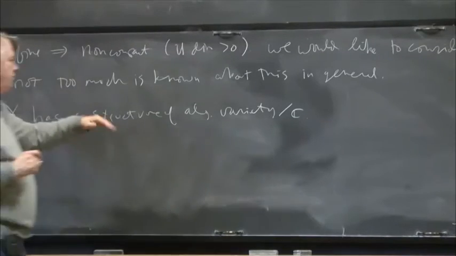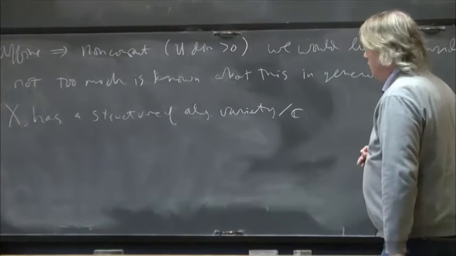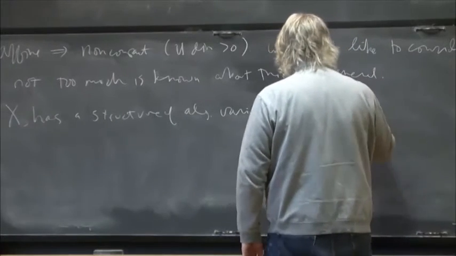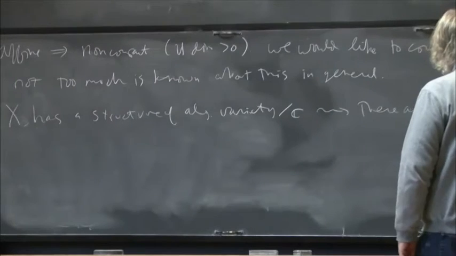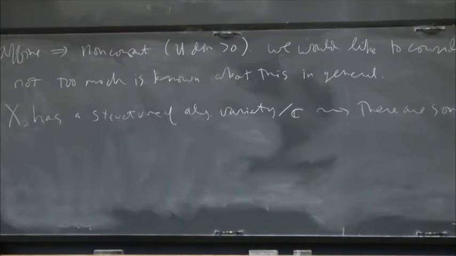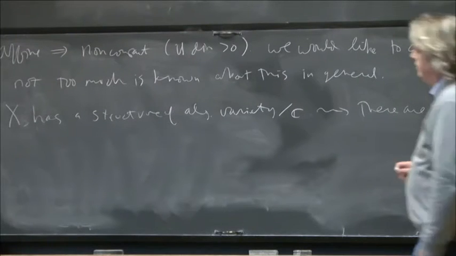So we can use this structure to provide some other spaces which are isomorphic to the character variety.